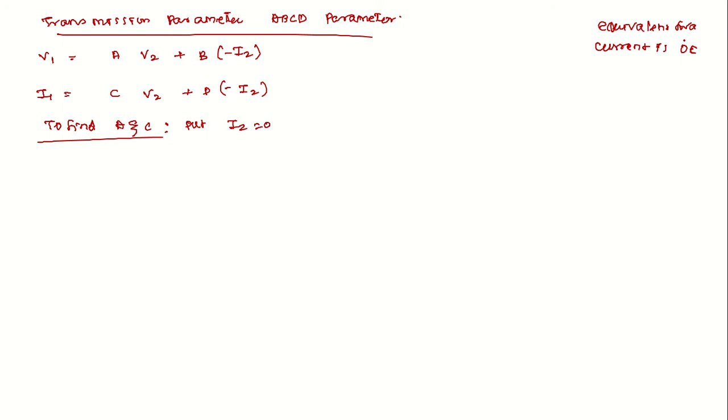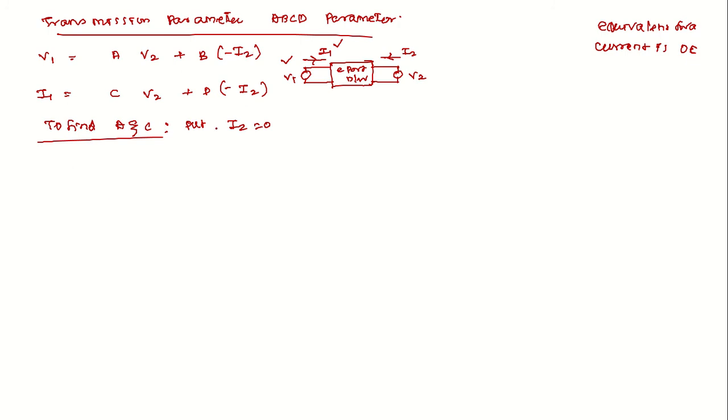The two-port network has a voltage on each side: this voltage is V1 and this voltage is V2, and the currents are I1 and I2. In the transmission parameters, we find V1 as well as I1 using V2 as well as I2. Since the return current I2 is in the opposite direction, we mention it as minus I2.